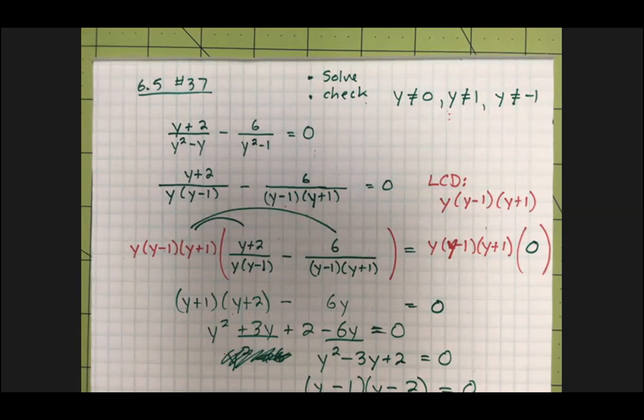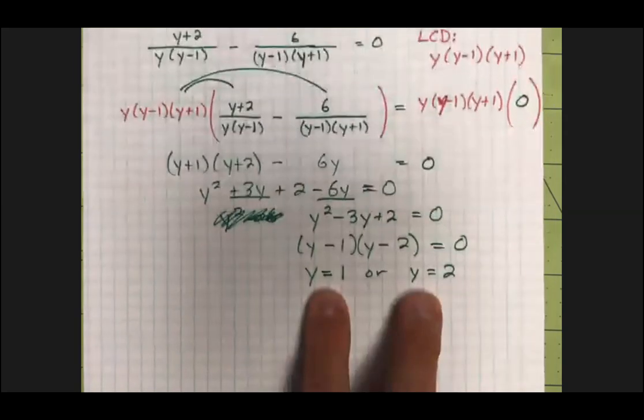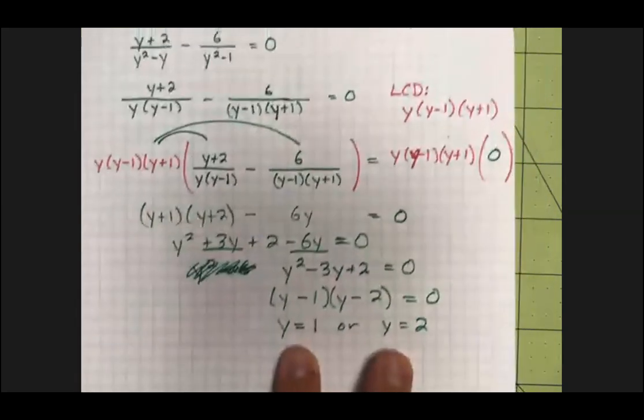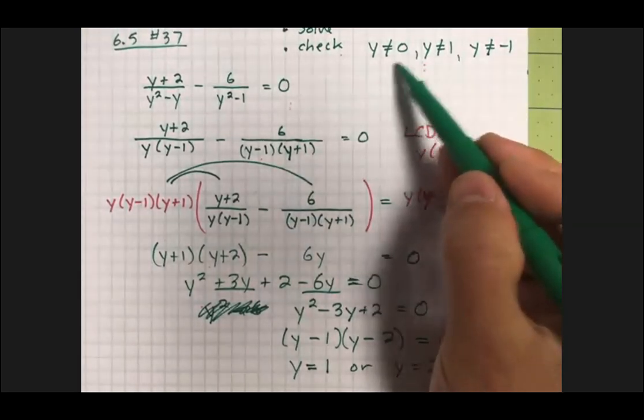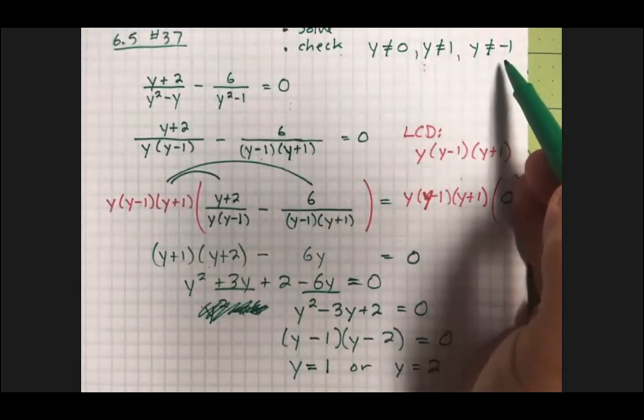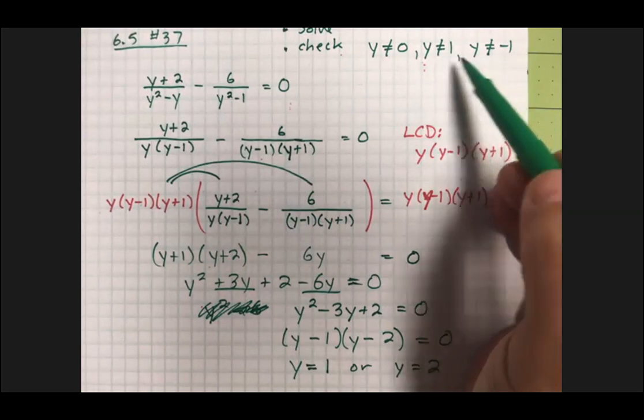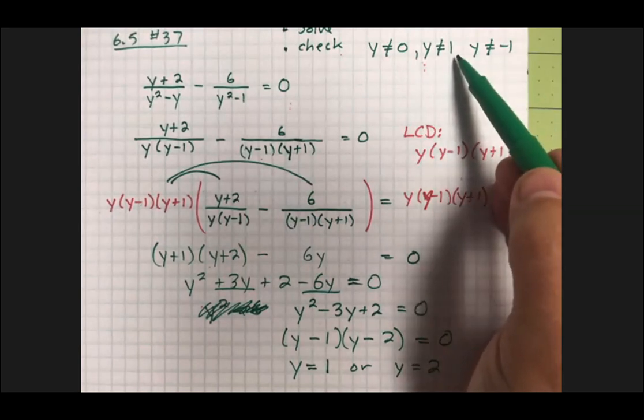Now let's check this out. Don't just circle these and walk away. Sorry, I had to slide the paper up. Can I get the paper and my checks in the same view? Because remember, at the very beginning, you made a list of the forbidden numbers. And one of the forbidden numbers was 1.